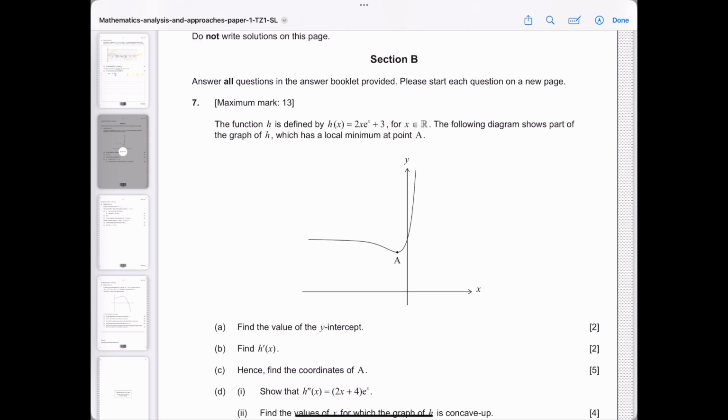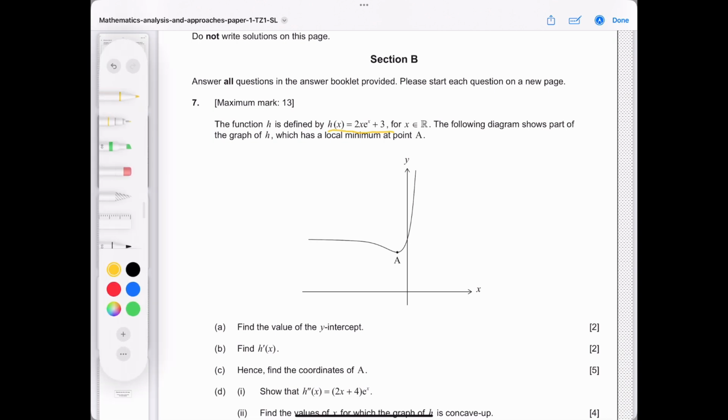So answer all the questions in the answer booklet provided. Unfortunately, I don't have one. So find the value of the y-intercept. What we've got is h of x is 2x e to the x plus 3. Okay, lovely. The y-intercept is when x equals 0. So we have 2 times 0 times e to the 0, plus 3.